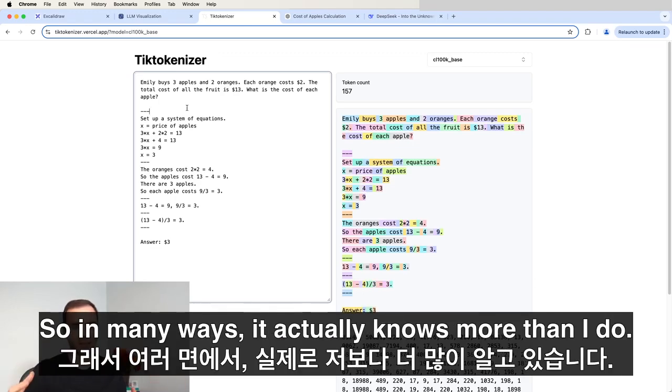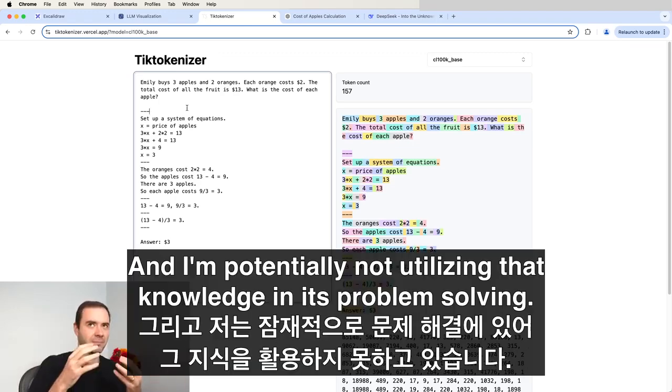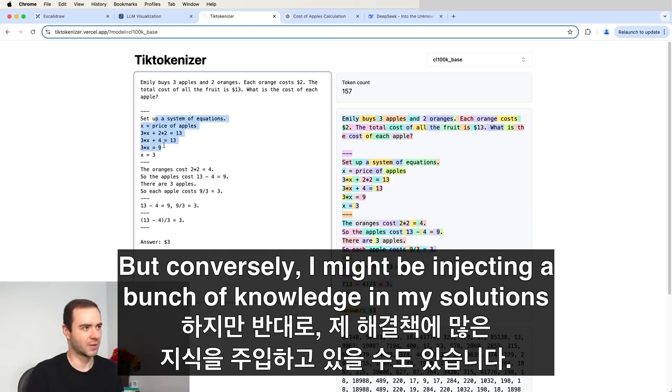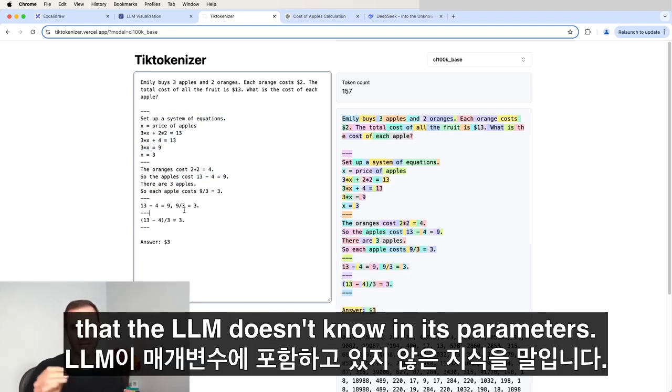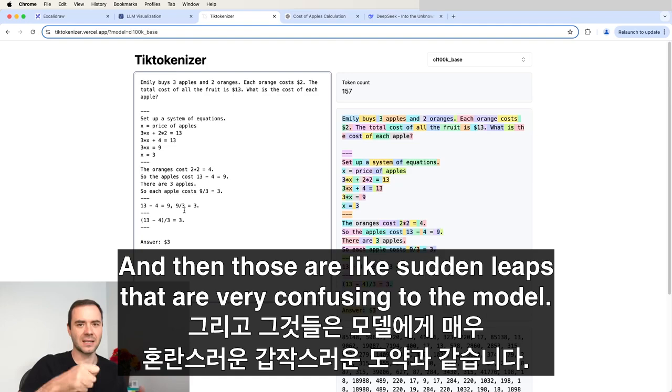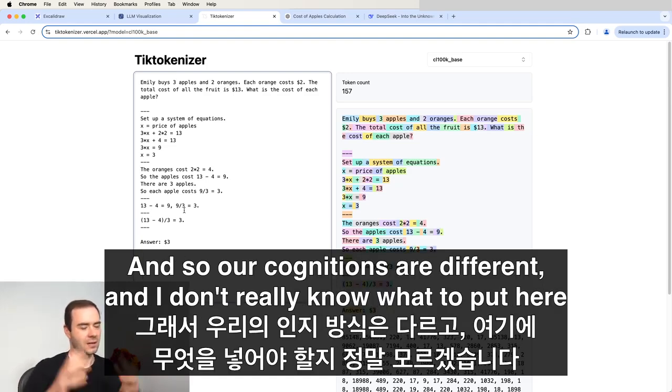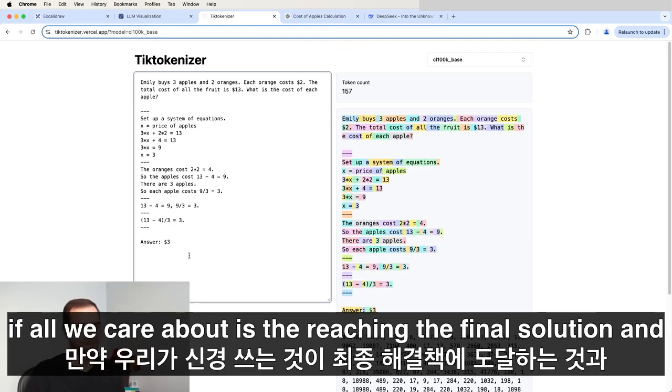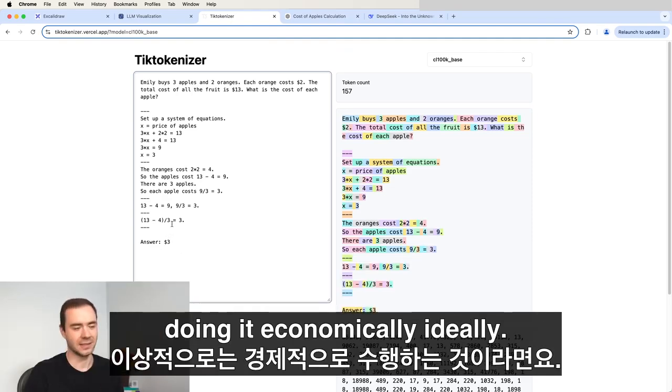So in many ways, it actually knows more than I do. And I'm potentially not utilizing that knowledge in its problem solving. But conversely, I might be injecting a bunch of knowledge in my solutions that the LLM doesn't know in its parameters. And then those are sudden leaps that are very confusing to the model. And so our cognitions are different, and I don't really know what to put here if all we care about is reaching the final solution and doing it economically, ideally.